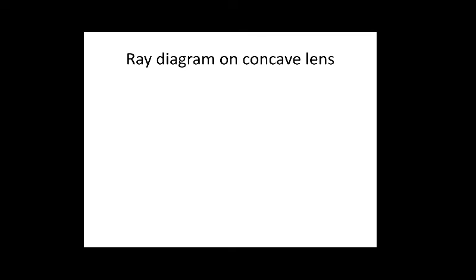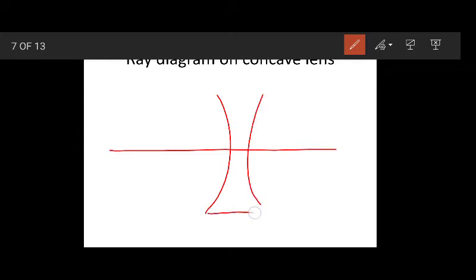Now the ray diagram for concave lens. So this is the principal axis for concave lens, and this is the concave lens drawn here. This is optical center, number 1 principal focus, number 2 principal focus.